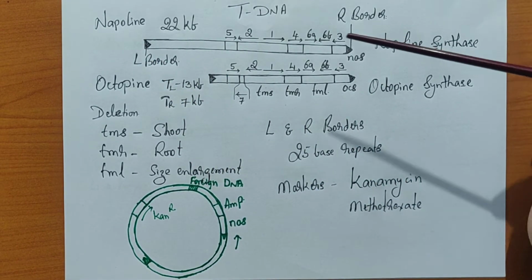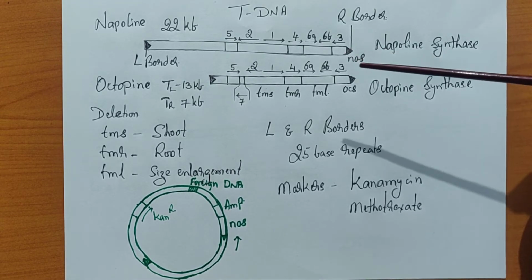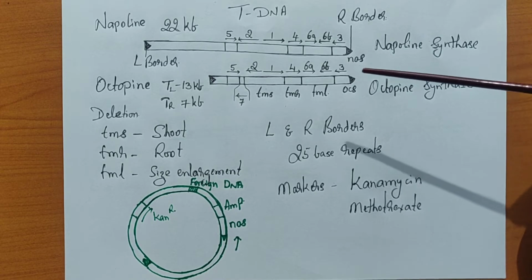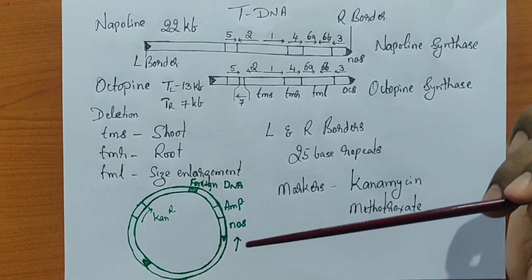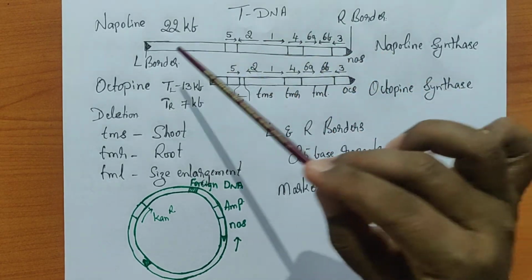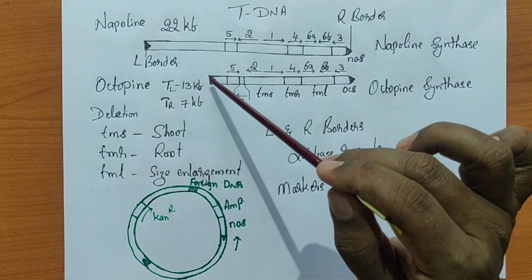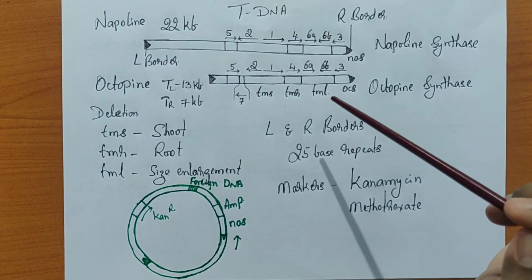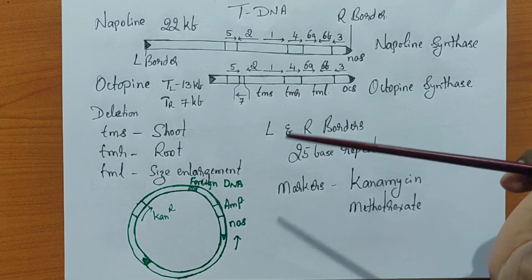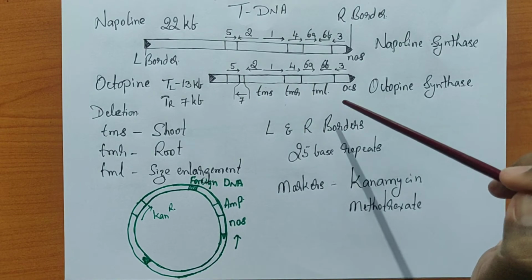Now the question is, using this tDNA or the Ti plasmid, how do we generate vectors so that a gene of our choice can be introduced? In the case of this Ti plasmid, the most critical elements are these border sequences, because they will get integrated. It doesn't really matter what type of genes you provide here in fact.